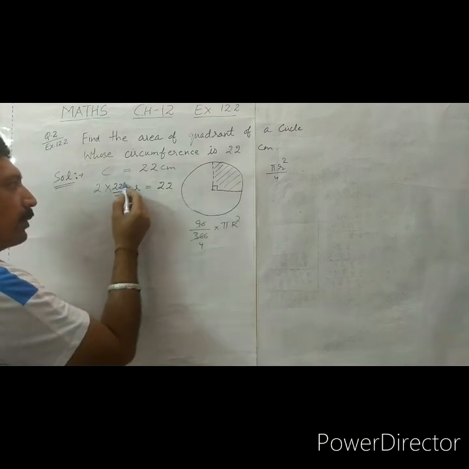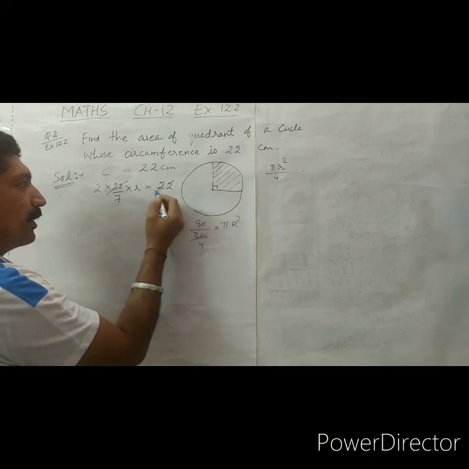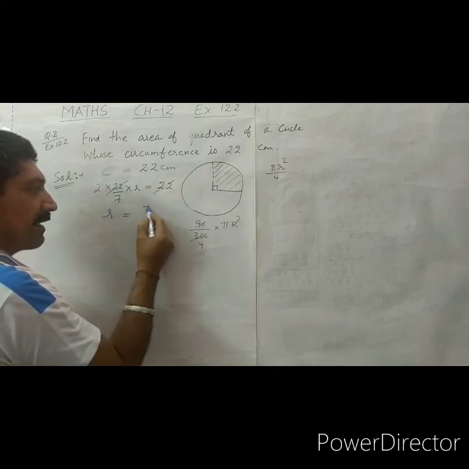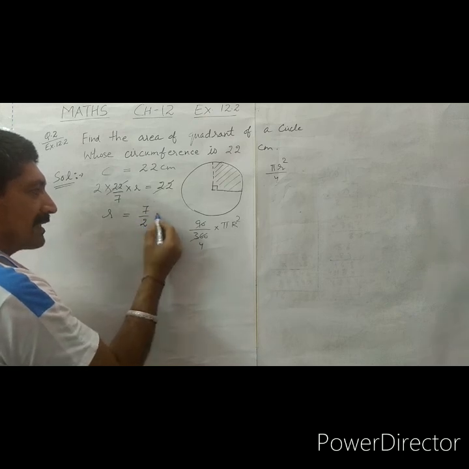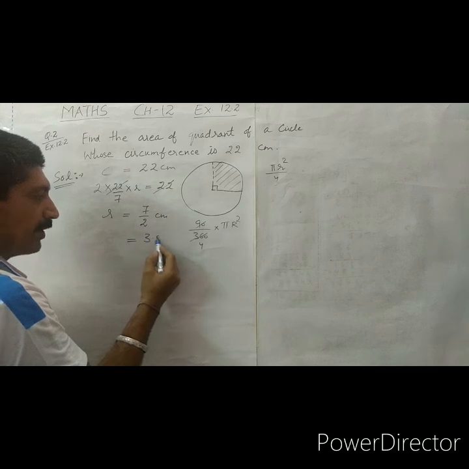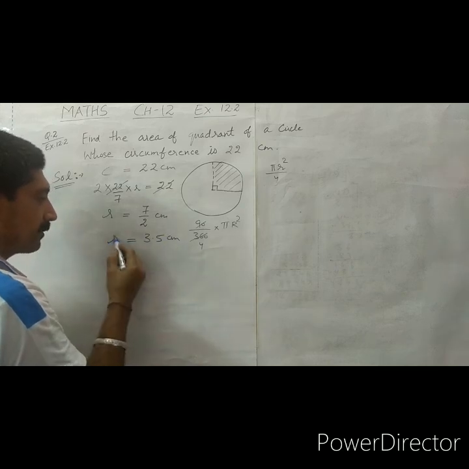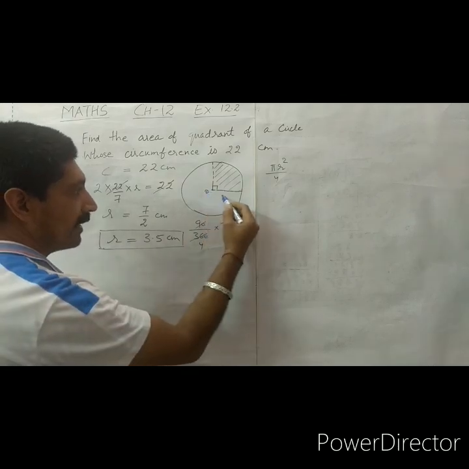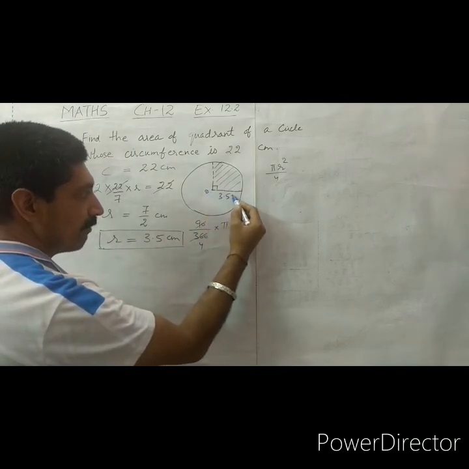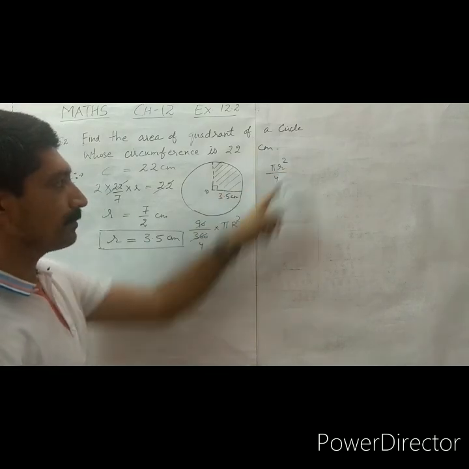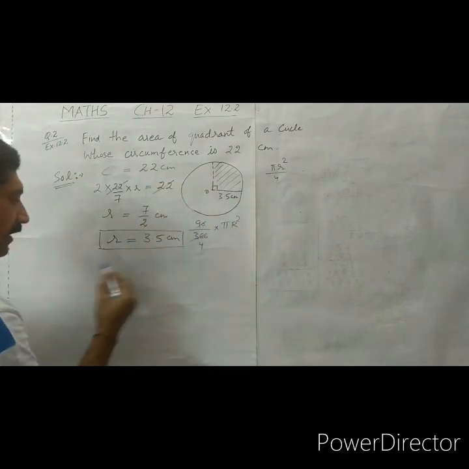So here 22 get cancelled with 22 and r is equal to 7 upon 2 centimeter, which is equal to 3.5 centimeter. So we have found the value of r here. R is 3.5 centimeter.